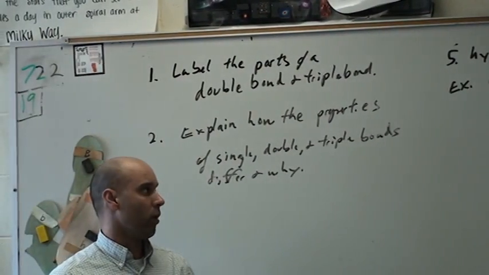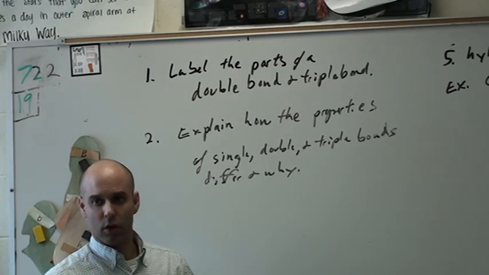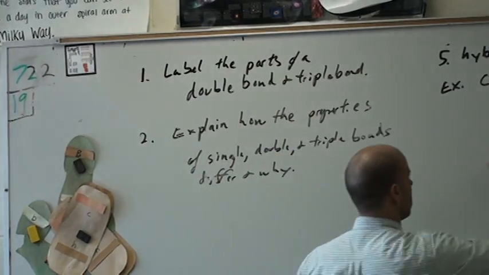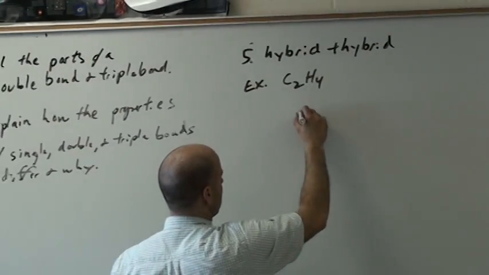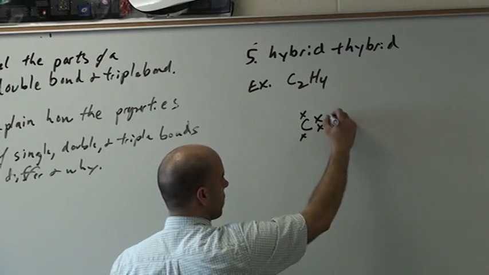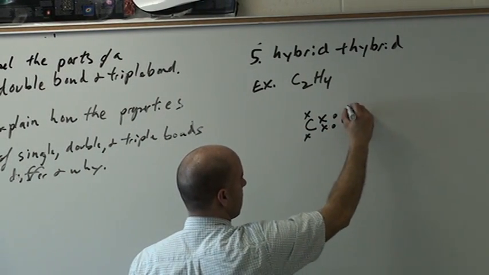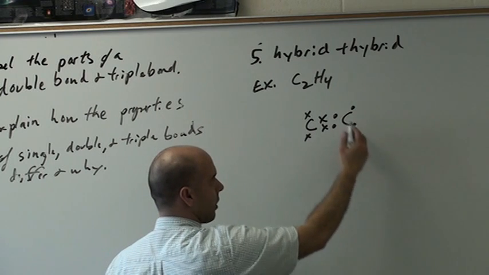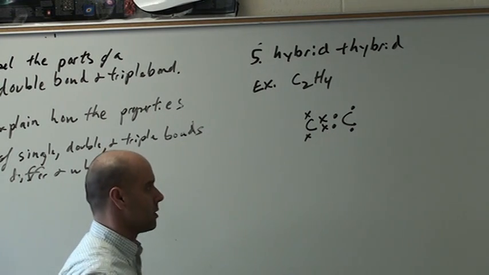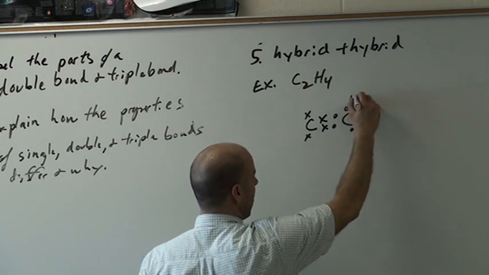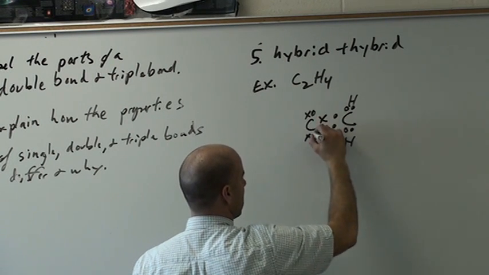Well, you don't know from just looking at it like that. You have to do the Lewis dot structure. So carbon has 4 valence electrons. I'm going to have to form a double bond between the 2 carbons and a single bond between my hydrogens.